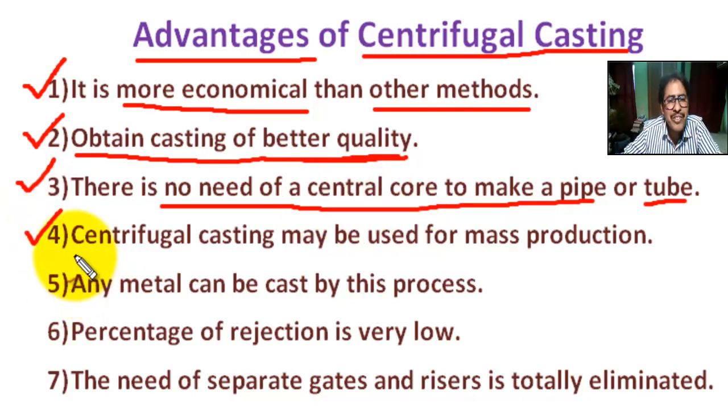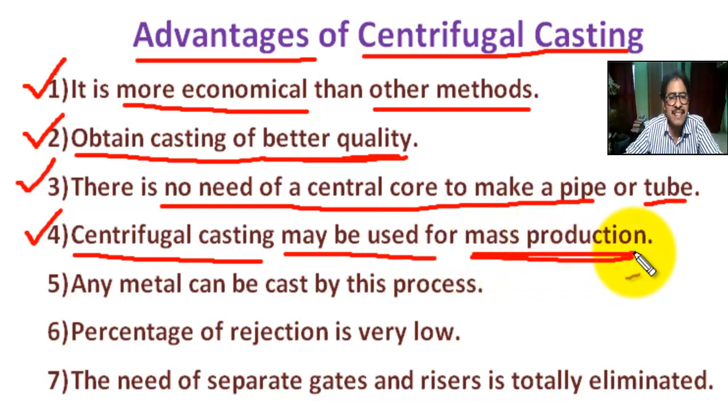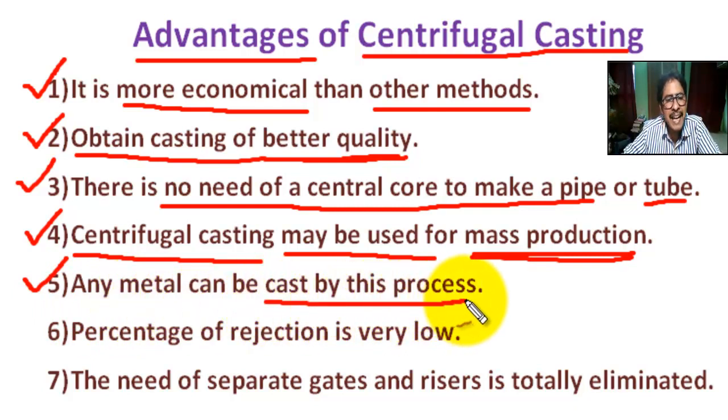Number 4, centrifugal casting may be used for mass production. Number 5, any metal can be cast by this process.